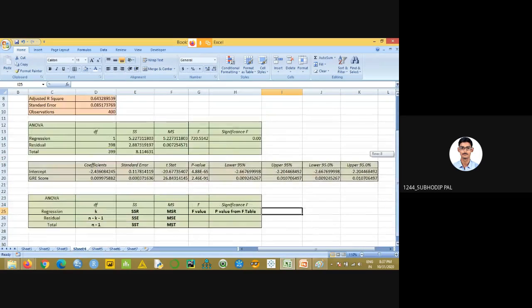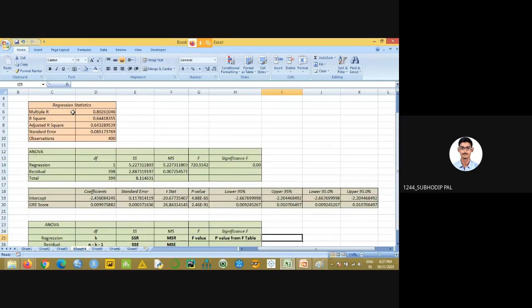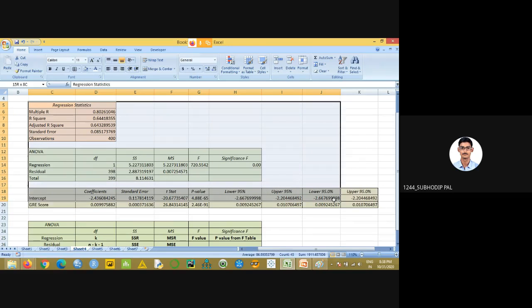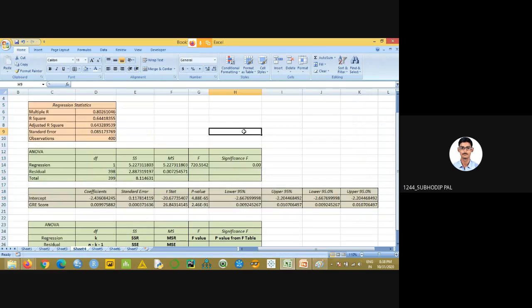So this is the output, right? In another type of problem, you don't have to do the calculation manually. They will directly give the output. This is the output table. They'll directly give you the output table, and there will be some values missing, and you have to calculate the things manually.